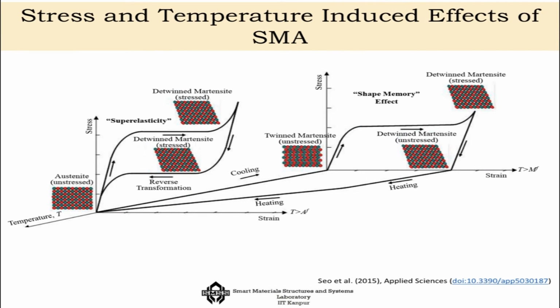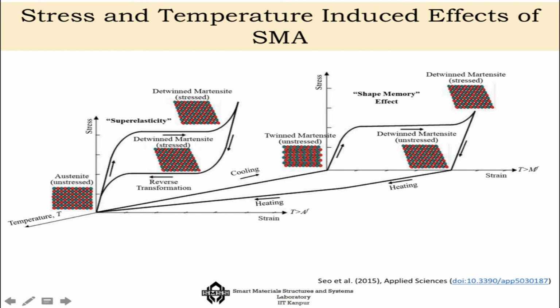Now if you look at this diagram very carefully, it describes the entire process. As you can see here, we have the stress axis, strain and temperature. Let's say the material is first starting from this level when everything is 0.